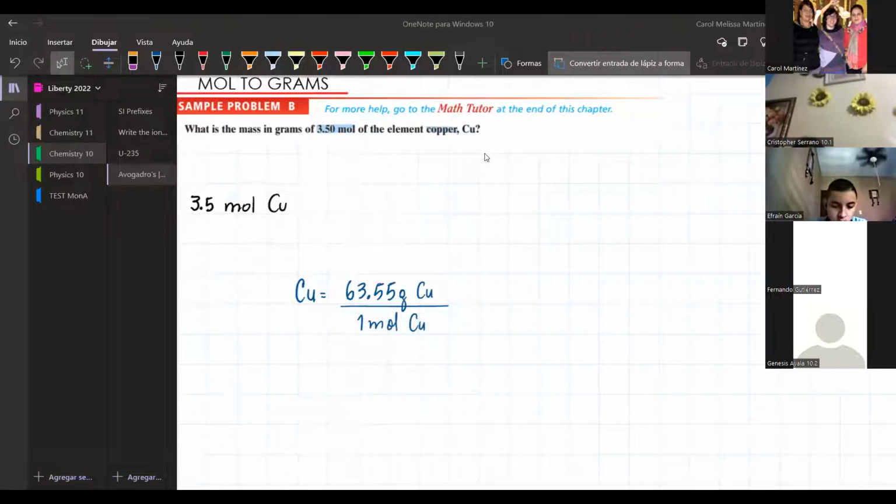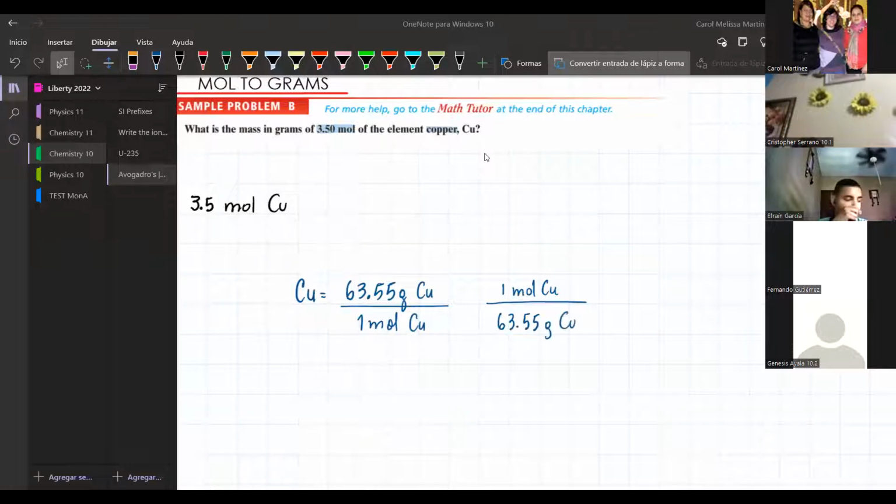So you can write the molar mass like this, grams over mole, or moles per gram, okay? You can write it in the reciprocal form. In the reciprocal form, it will be 1 mole of copper containing 63.55 grams of copper.